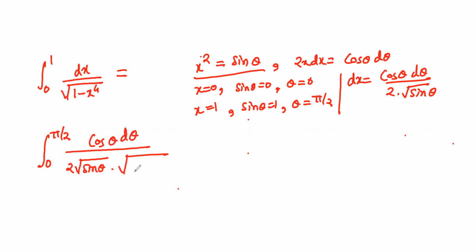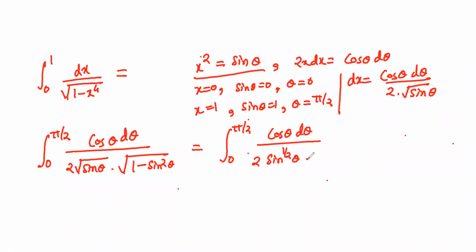This is under root 1 minus sine square theta, which is only cos theta, because 1 minus sine square is cos square. So these two will cancel out, and the remainder will be only 0 to pi by 2 sine to the power minus 1 by 2 theta d theta upon 2.